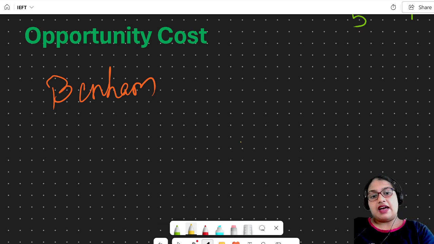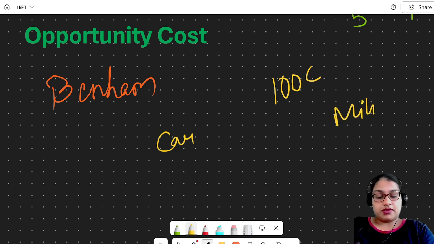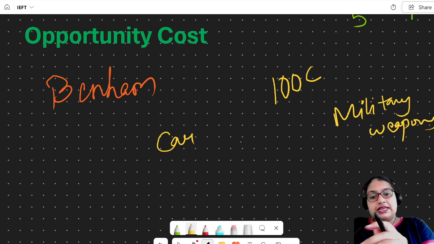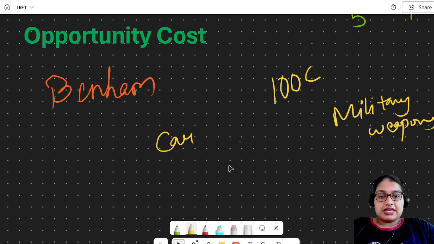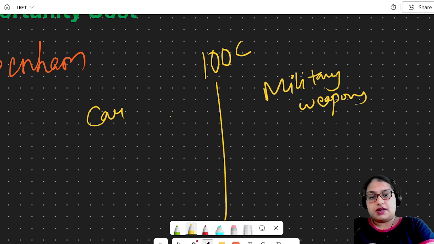See, I have a budget of 100 crore. And I have two alternatives. Either I can produce cars or I can produce military weapons. Okay, with this 100 crores, I can either produce cars or military weapons. The choice is mine.